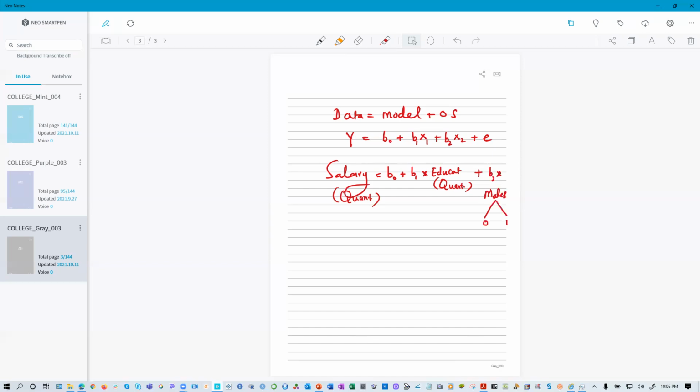If it is 0, that means X2 can take 2 options. If it is 0, females. If it is 1, male. Males is the word that has been utilized to represent the gender. That's why you don't need another dummy variable.